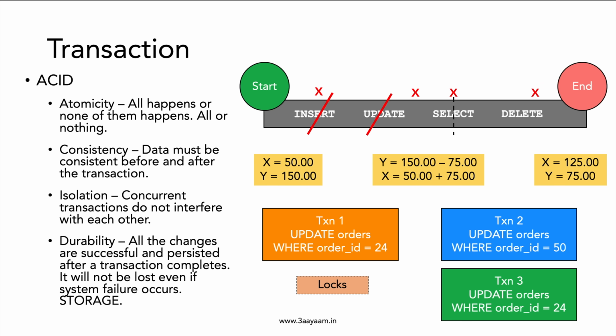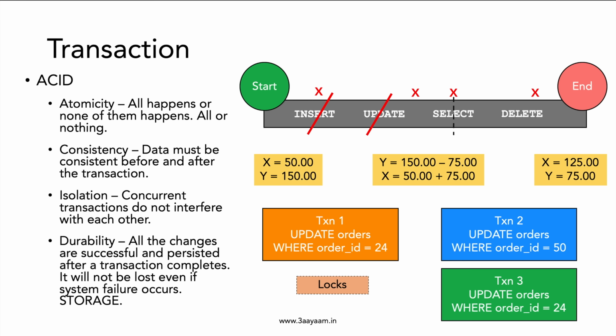If the Redshift database server goes down, you can rest assured that the database changes which were made using the transactions would be there. So this is another guarantee that a transaction gives using ACID.